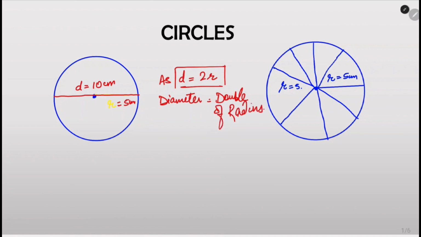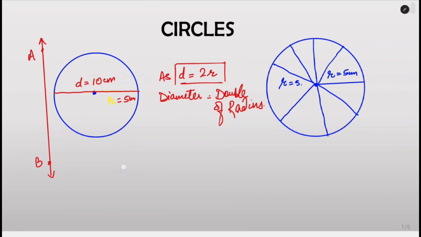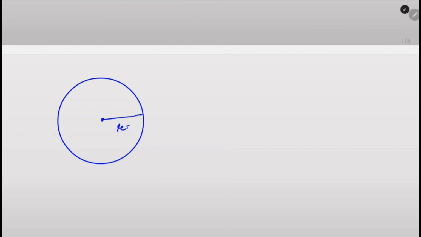So now if I draw a line segment here outside the circle, suppose this is A, B. So this is one possibility, but it is not touching the circle. Another possibility of it can be, suppose this is the circle of radius, again we are taking as 5.